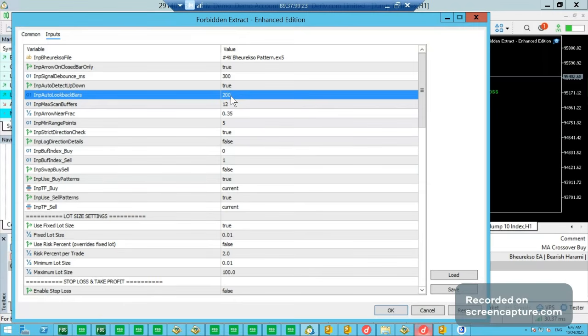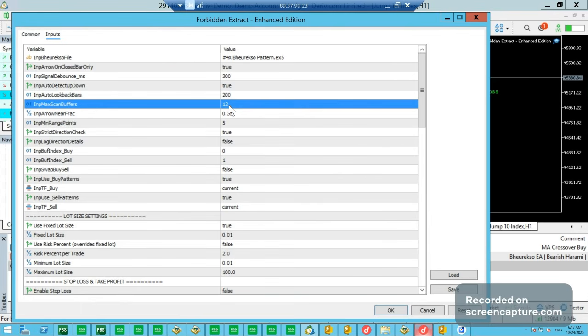Once you set it to 200, it will only analyze the last 200 bars to determine the pop-up arrows. You can change it to 300, based on how you want it to analyze the trade. But the range that we usually use is between 150 to 300 for most time frames.